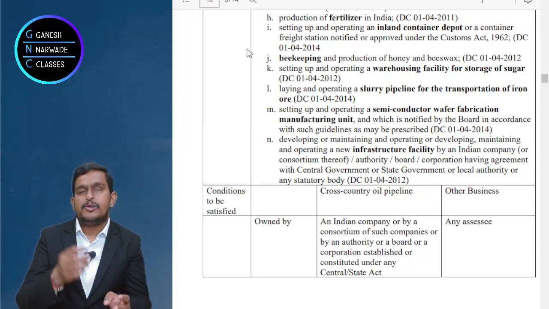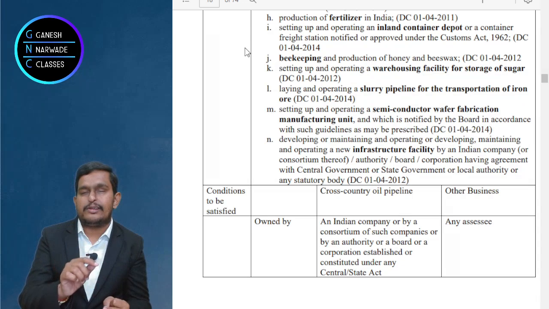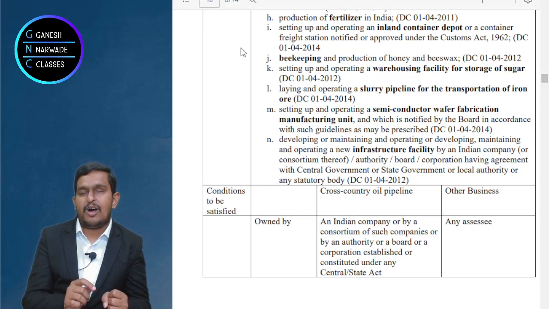Again I am repeating for you. Cold chain facility, then warehouse for storage of agricultural produce. Then cross country pipelines for transportation of petroleum, natural gas, crude oil. Then hotel with 2-star or more accommodation, hospital with 100 beds or more.